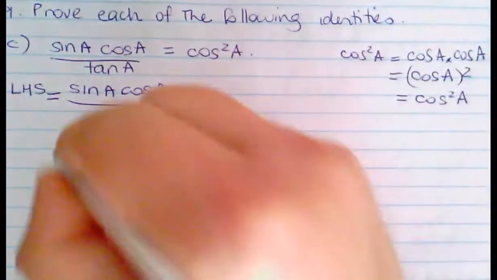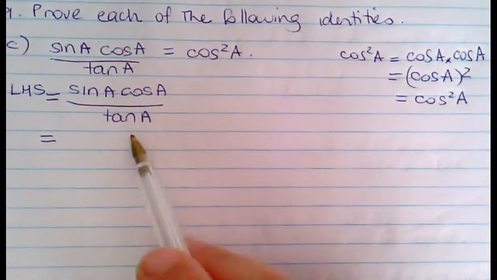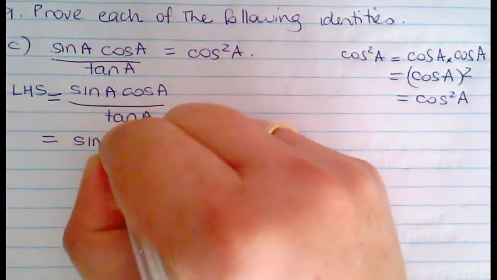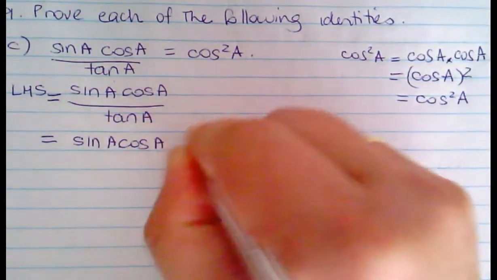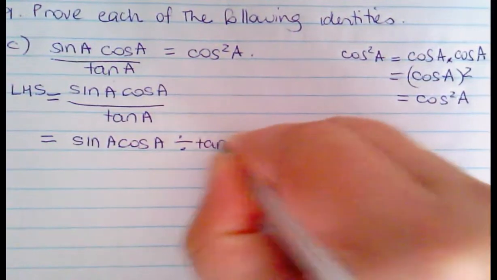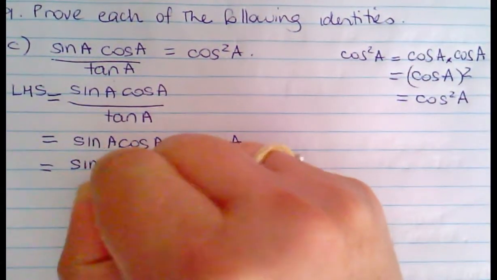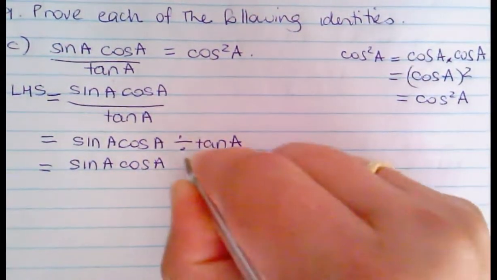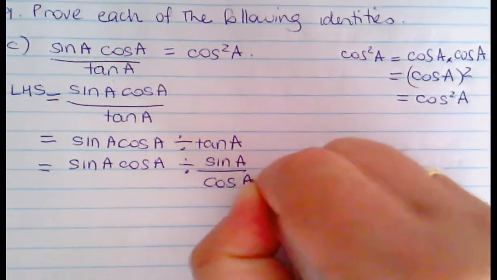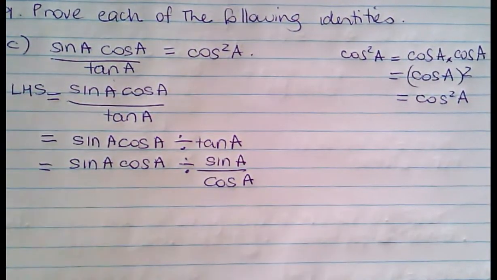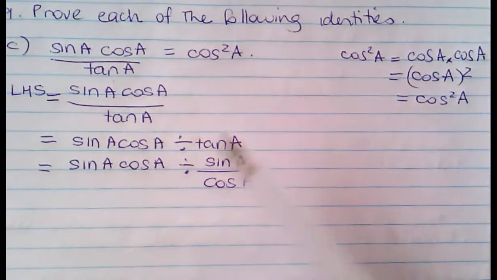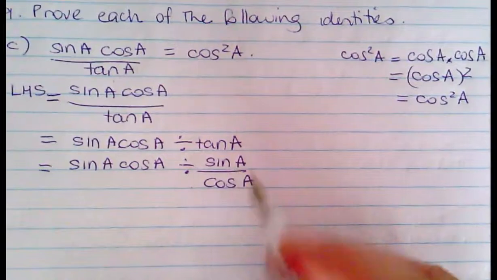I put left-hand side equals that, and I'm going to keep manipulating it until I end up with this cos squared A. Now I know that this is sine A times cos A divided by tan of A. The reason I'm doing this is that I can write tan of A as sine of A over cos of A. So this is sine A cos A divided by sine A over cos A.